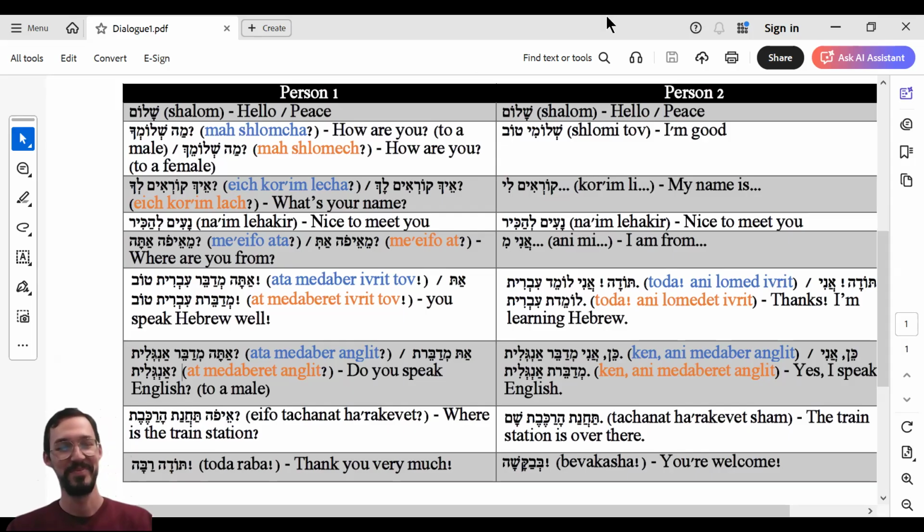That's good. All right, so this is a handout that you should have. Again, this is something very nice to practice with a friend, spouse. Just go back and forth. Somebody can be person one, person two.